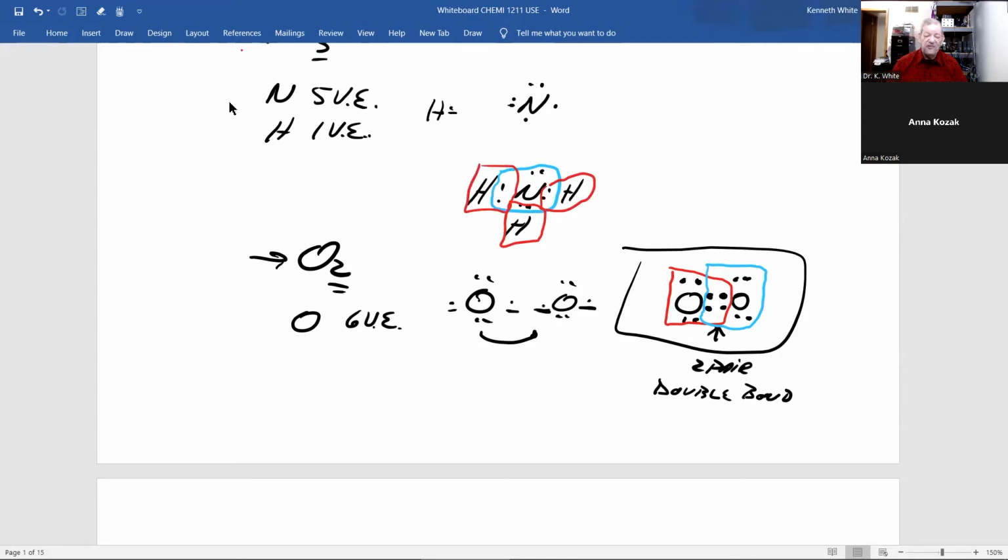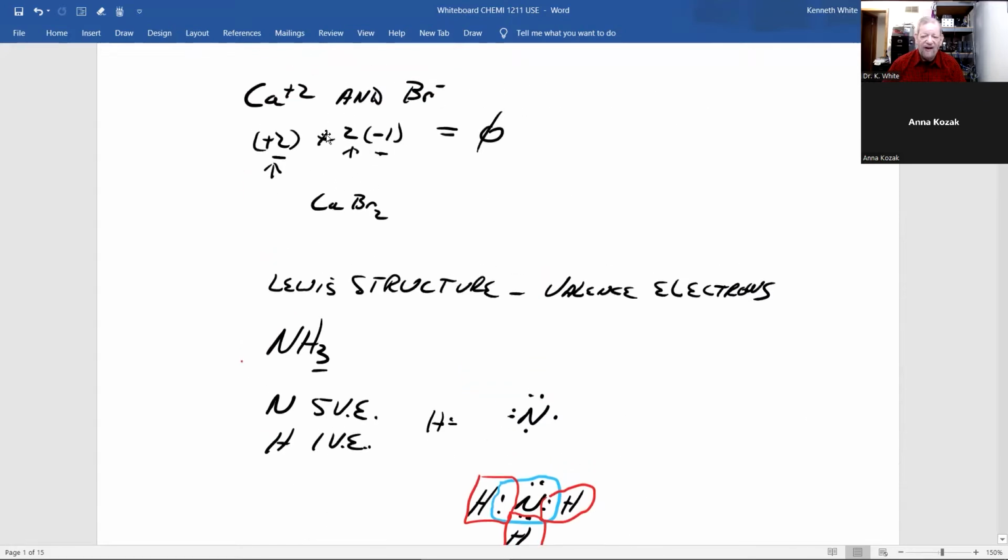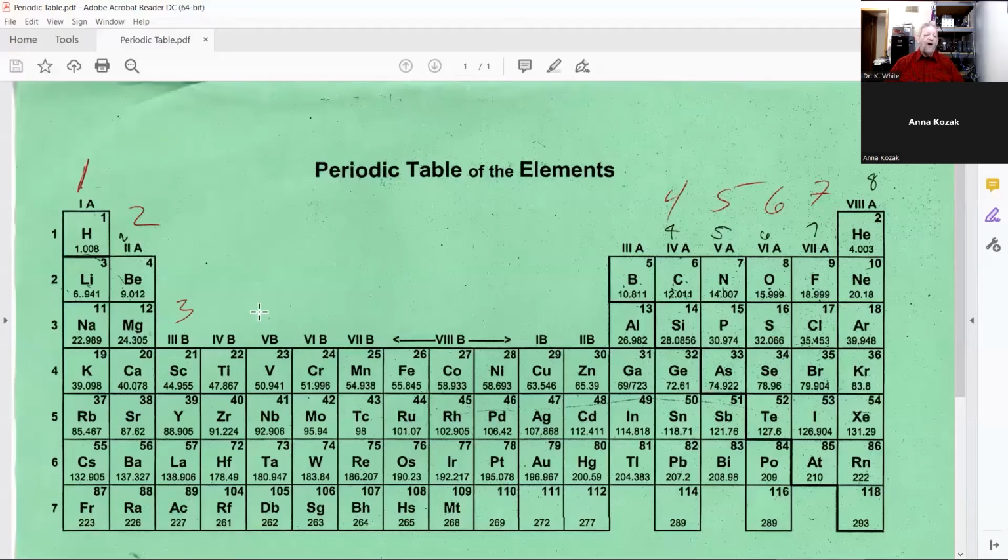And each one of those does. And that's how you do Lewis structures of molecules. Now, don't forget, all the alkali metals and all the alkaline earth metals like lithium, sodium, potassium, and then magnesium and calcium never form covalent bonds.